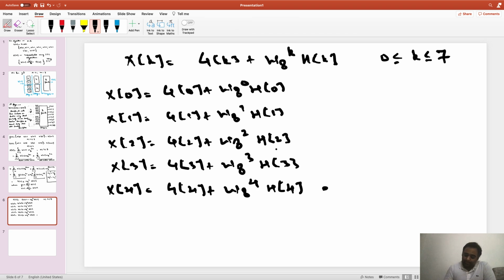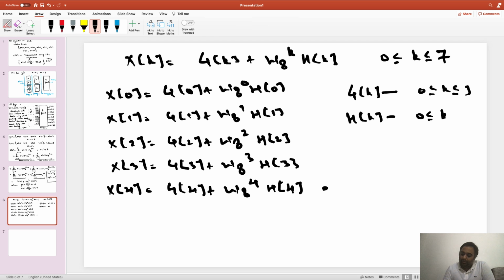Now here there is an issue. The issue is that because Gk is defined only for k value ranging from 0 to 3 and Hk is defined only for k value 0 to 3, then how will you obtain the value G4 and H4?